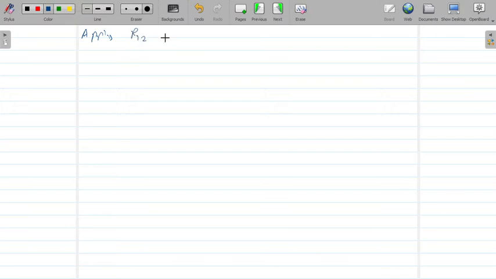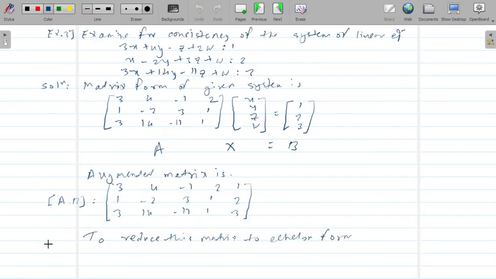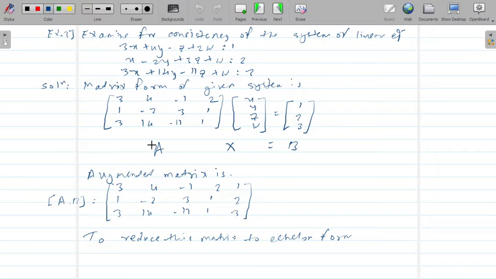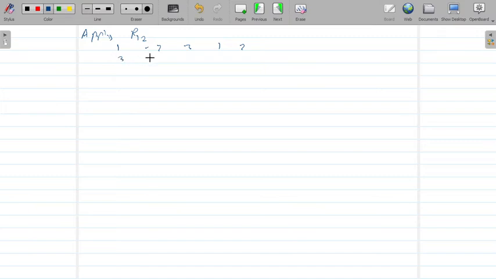Your matrix will reduce to: first row 1, minus 2, 3, 1, 2. Second row, 3, 4, minus 1, 2, 1, and the last row as it is: 3, 14, minus 11, 1, and 3. So we have got A11 equal to 1.